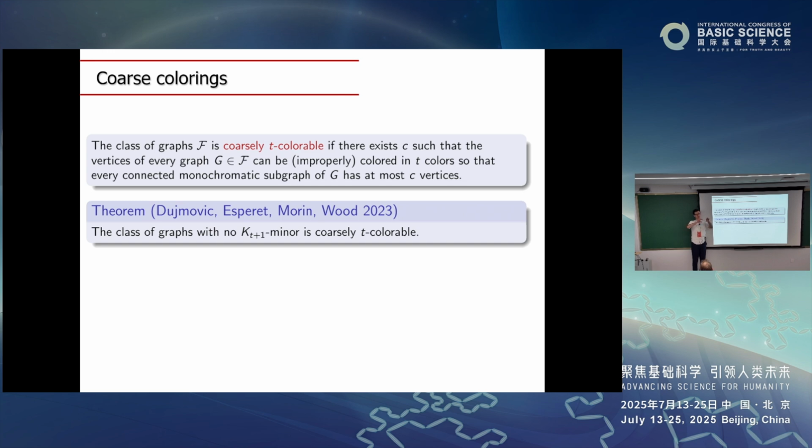One can think of it this way: you step back, you order your vertices divided into chunks of size C, so that every chunk sends only a few edges to the left. But that's a bit strong.